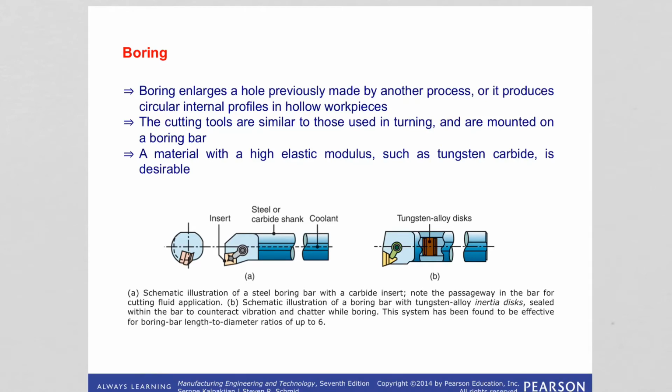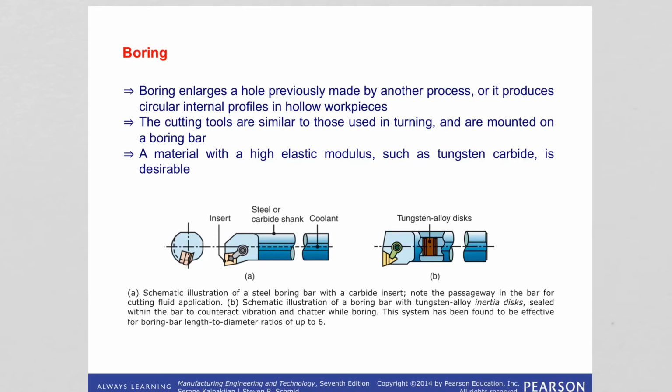Here in the illustrations, you are seeing in image A a steel boring bar with a carbide insert. Again, this is done to provide vibration resistance, damping the vibration. And then there is the coolant hole that is used to cool during the process.